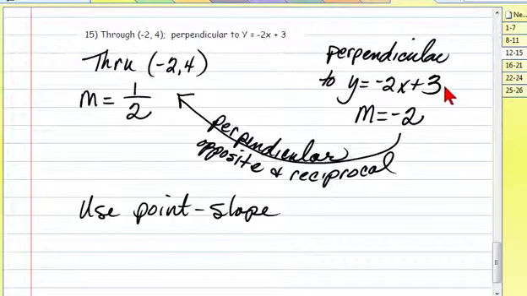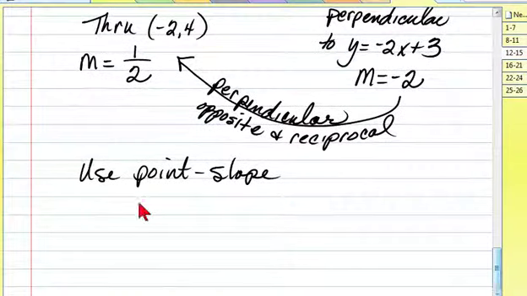But what if, just what if, the line given here was not in slope-intercept form? What if it said something like 5x plus 3y equals 15? What would you have to do to it to identify its slope? Yeah, you'd have to solve for y. You had to do that in some of the math lab questions, but your test question will probably be like this, which means it'll be nice and friendly. Okay, sorry, just wanted to mention that.